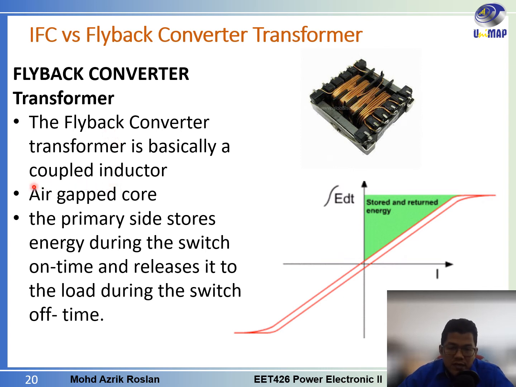And for that they use the air gap core. So this flyback converter is designed with an air gap core for the purpose of energy storage. The primary side will store the energy during the switch on time, and this energy will be released to the secondary circuit, or to the load, during the switch off time.